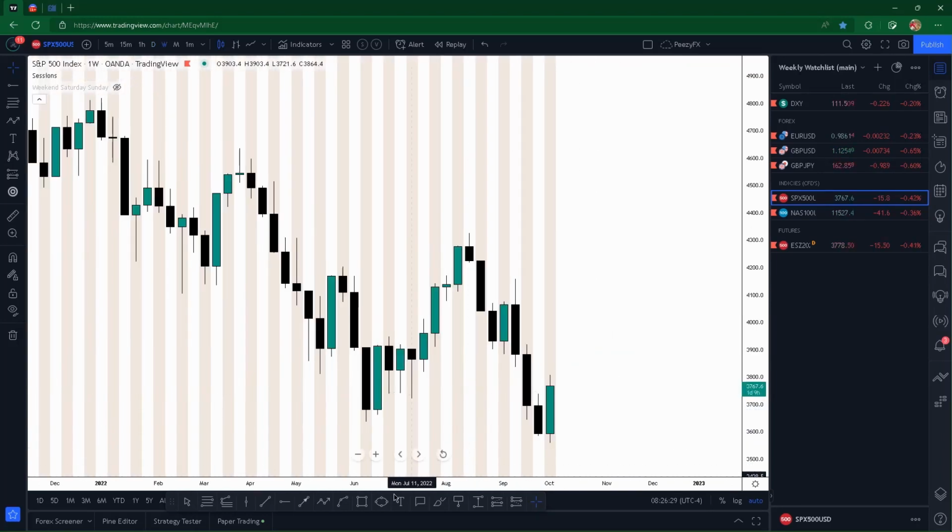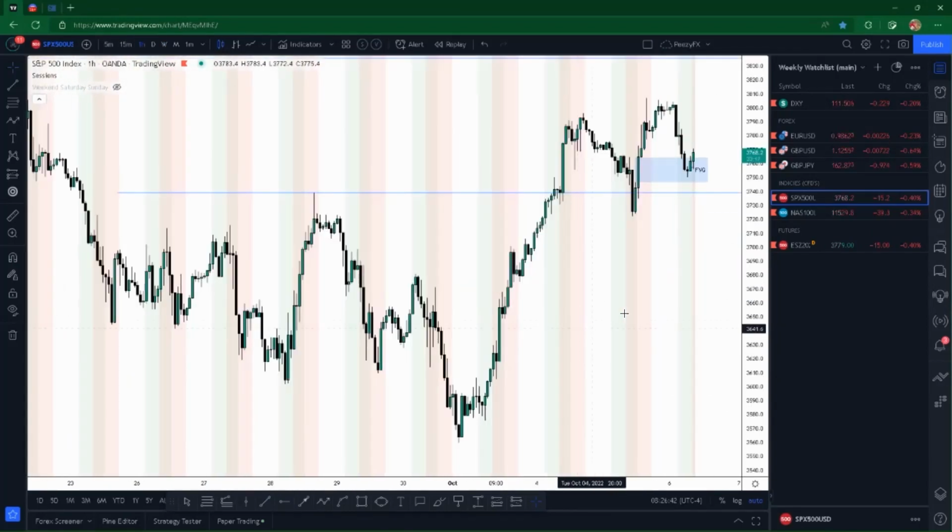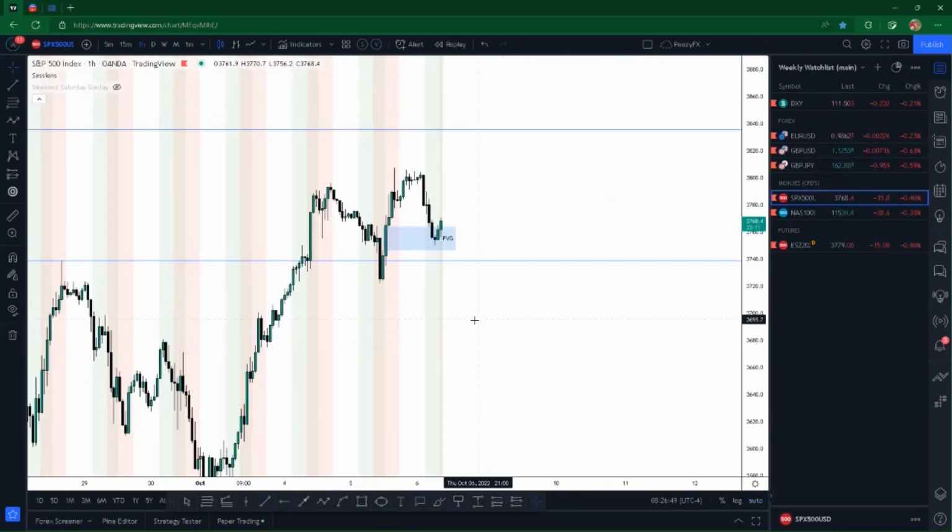I do understand that we are inside of this weekly fair value gap. I do understand that price could possibly start to accumulate inside of that weekly fair value gap. The reason why we're probably seeing this bullish structure form right here and now is because we probably want to get up here and fill in the rest of this weekly fair value gap.